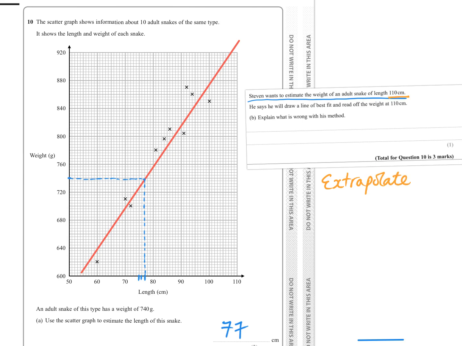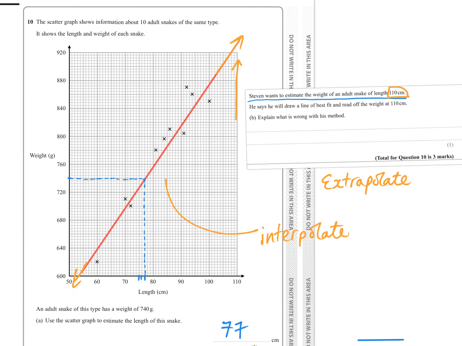Because 110 is outside the range of the data, because it only goes up to 100, you're having to make too many assumptions here. You could have altered the line of best fit to maybe give it a go, but when you're below the data or above the data, you can only interpolate, so that's between the data that you've got.